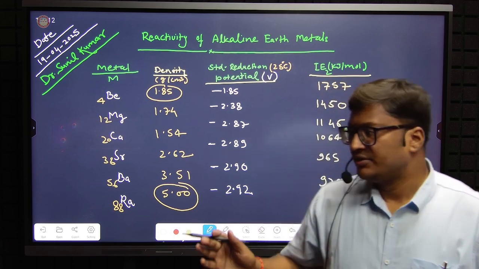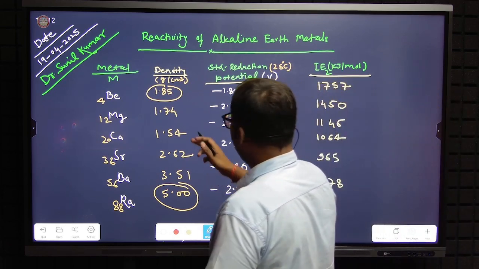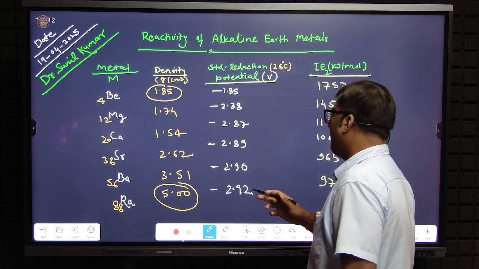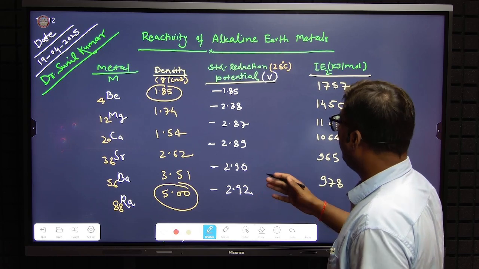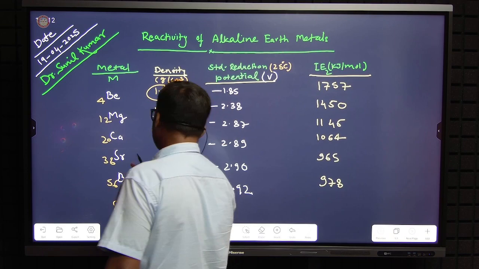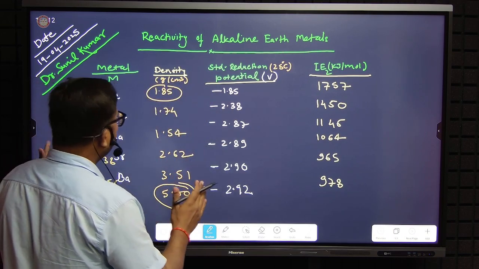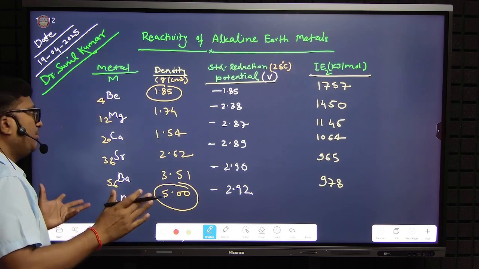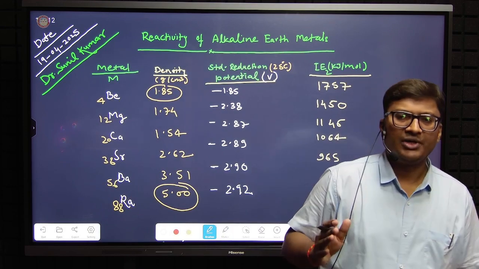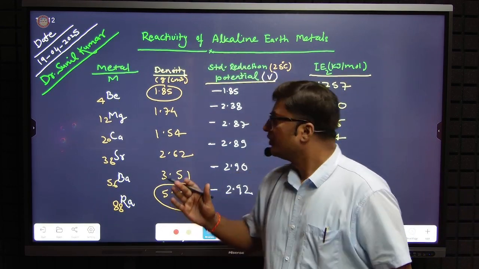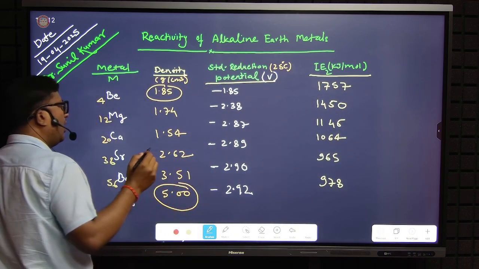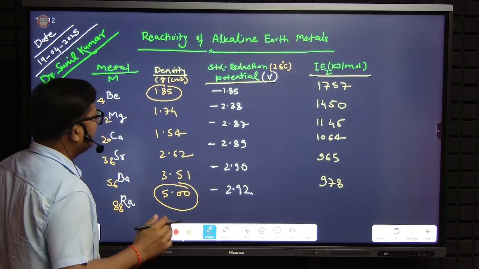Such differences in densities are because of the crystal and lattice structure in the metallic form, or you can simply say a different metallic lattice is formed. That is why these metals have different densities.